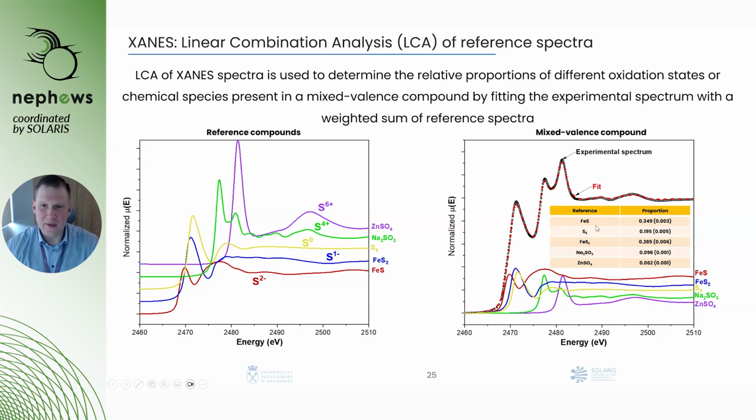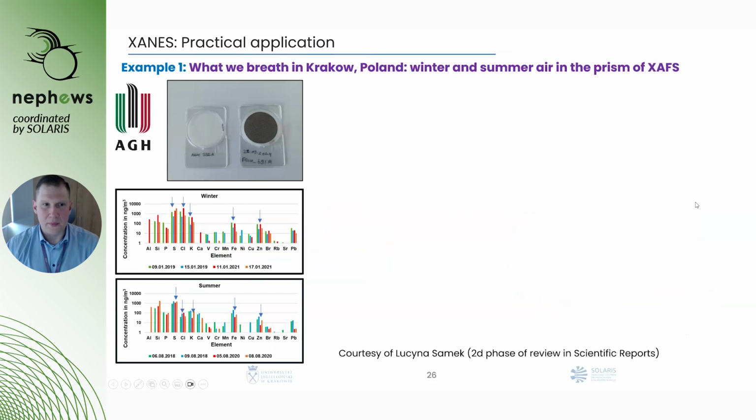For example, here we have a mixture of different sulfates and sulfides, and we could precisely understand the proportion of pure sulfur, sulfides, and sulfates in our system.